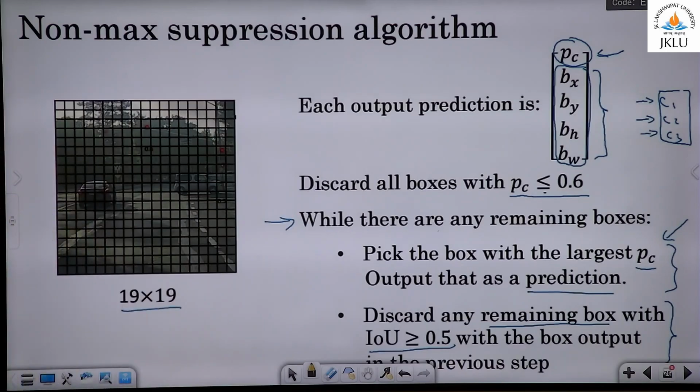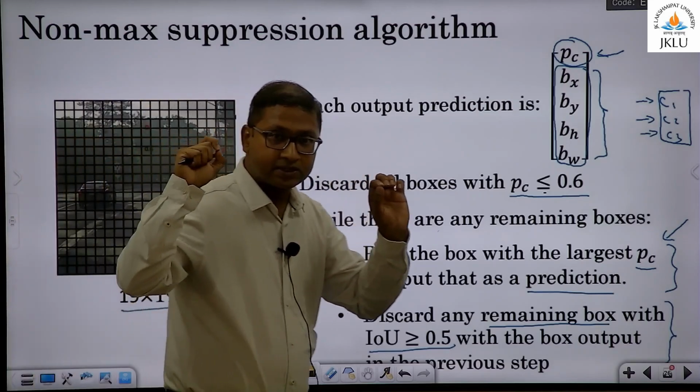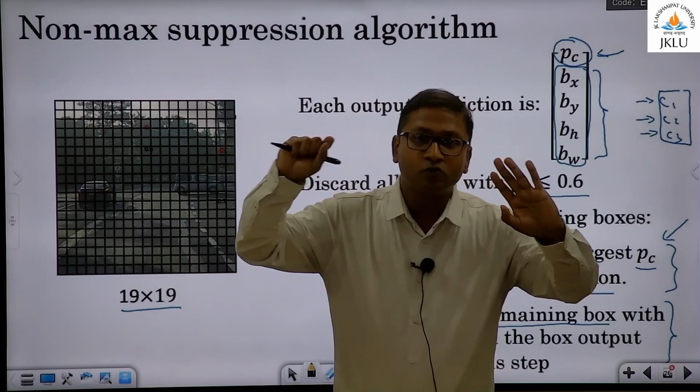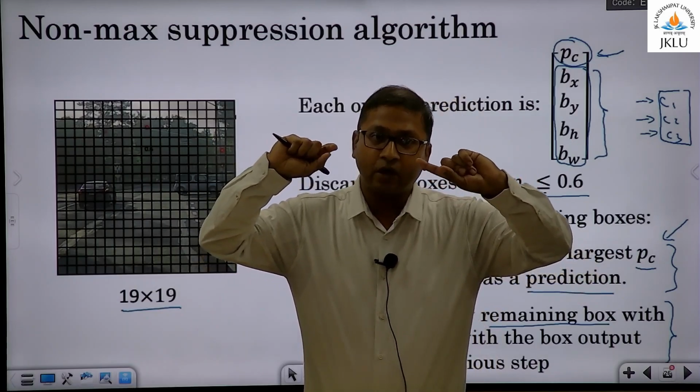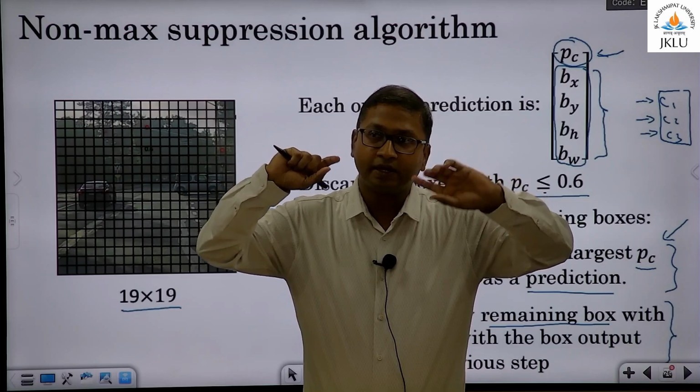Questions here? Simple thing: those grid cells, I will keep only those bounding boxes for which output PC was greater than 0.6.